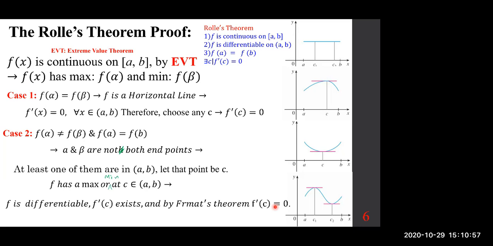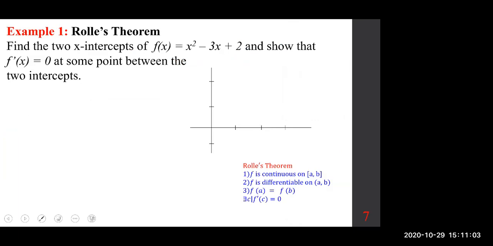Let's just look at a couple of examples of application of that. We want to find the two x-intercepts of the function f of x equals x squared minus 3x plus 2 and show that f prime is 0 at some point between the two intercepts. And remember Rolle's theorem: f is continuous on [a, b], f is differentiable on (a, b), f of a equals f of b.